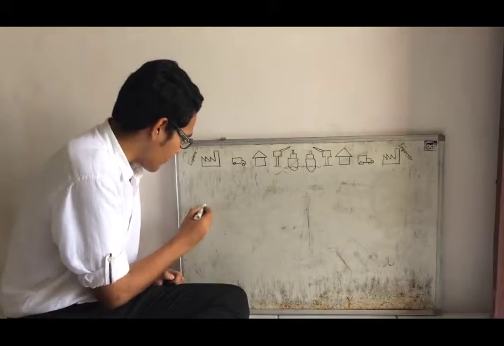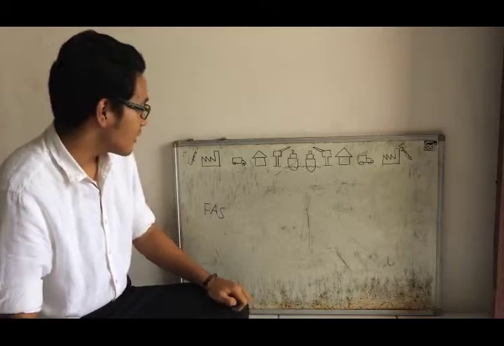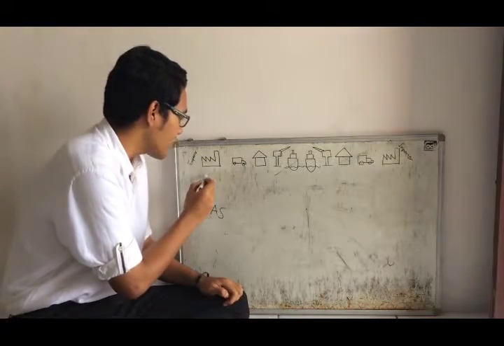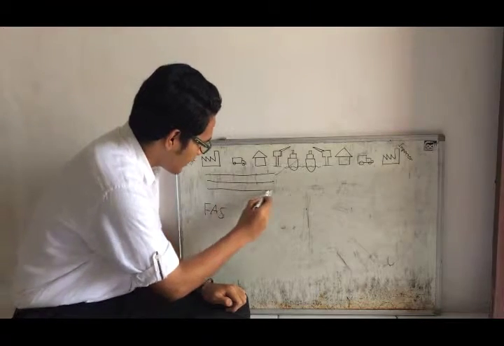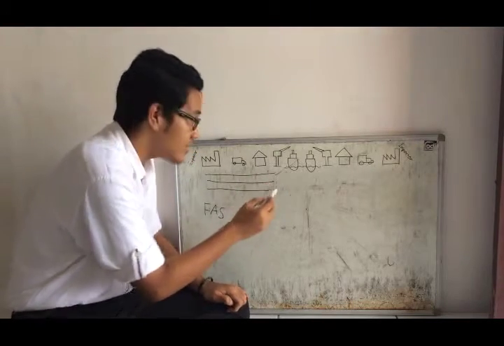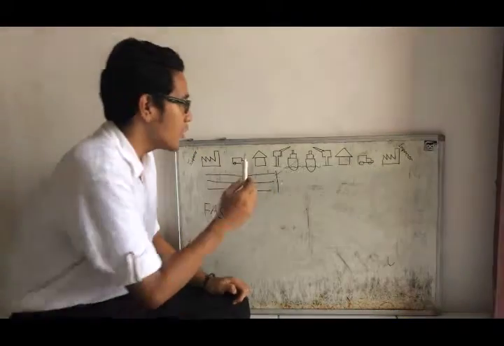Next is FAS or free alongside ship. So the exporter has the risk, cost, and takes the responsibilities until the goods are in the port and ready to load into the ship.